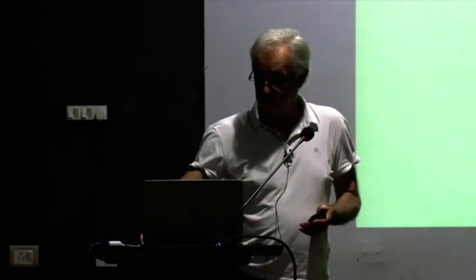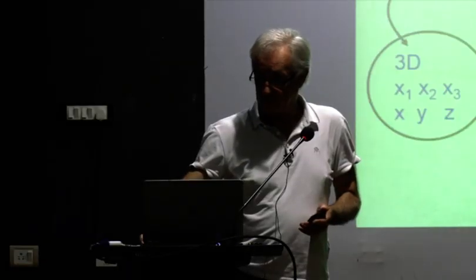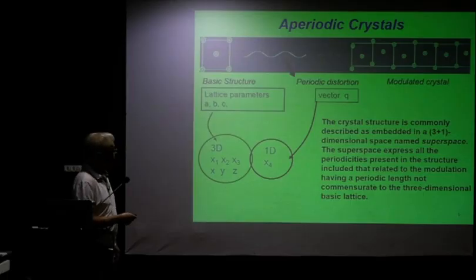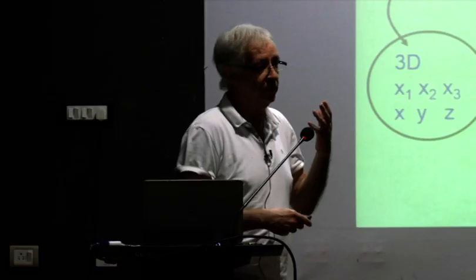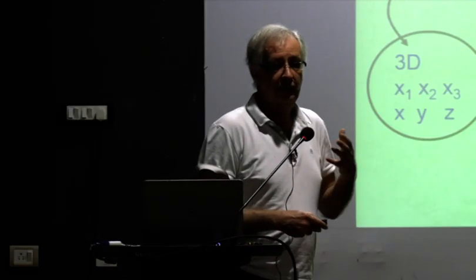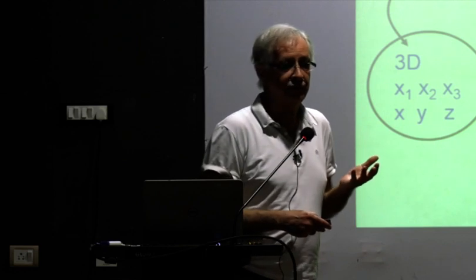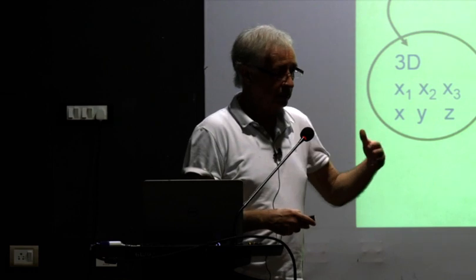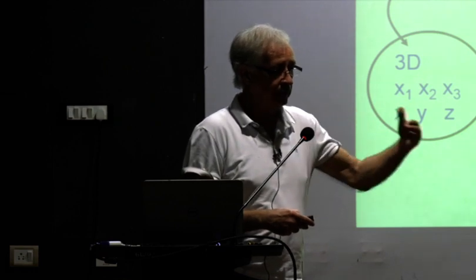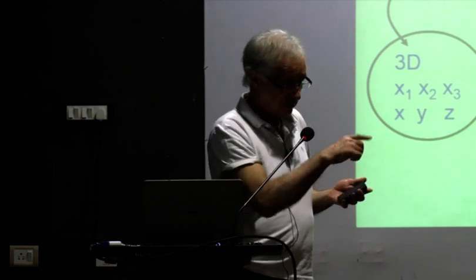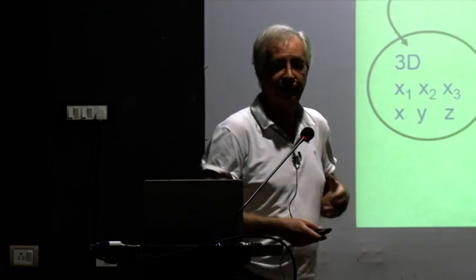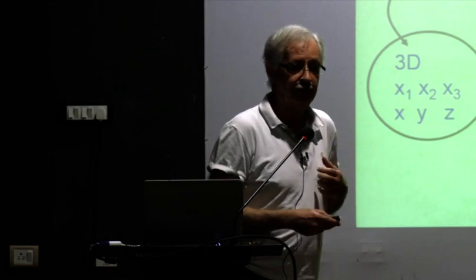Now, to show a commensurate state or an incommensurate state, we deal with so-called aperiodic crystal structures. They appear to be periodic, but it turns out that the periodicity of the crystal and the so-called modulation vector do not match.